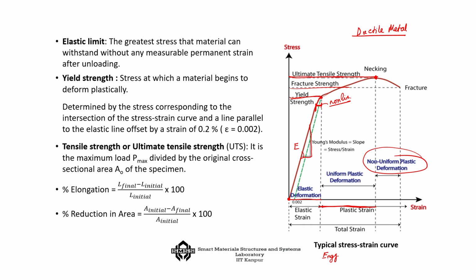Now, the stress and the strain, I already told you about the percentage elongation. Okay. So, for a metallic system we generally keep the 0.2% strain, or epsilon equals 0.002, as the value which is more or less the elastic offset. Okay.